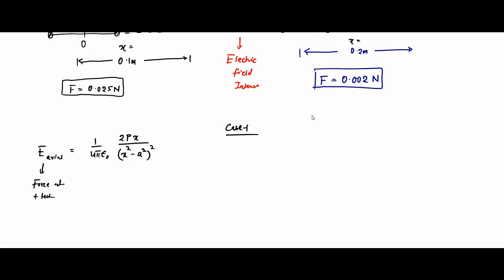So here the force is equal to 0.025. 1 by 4 pi epsilon 0 is equal to 9 into 10 to the power 9, into 2p into x, which is 0.1 meter, by x square minus a square, that is 0.1 square minus a square.